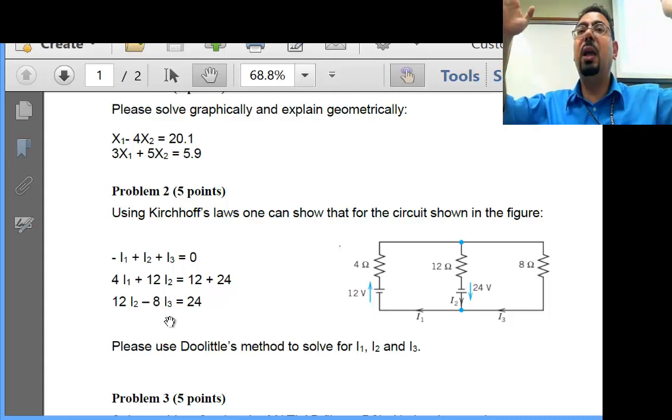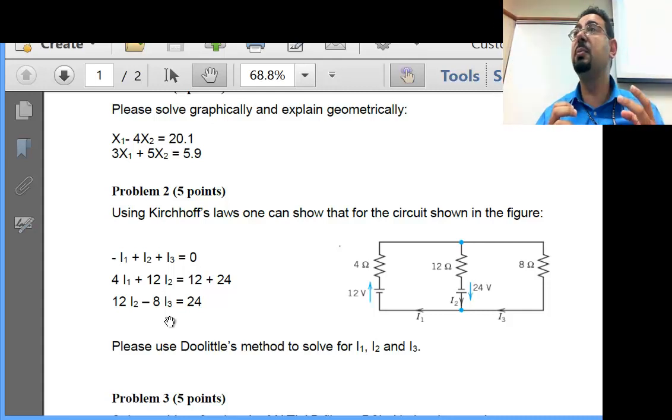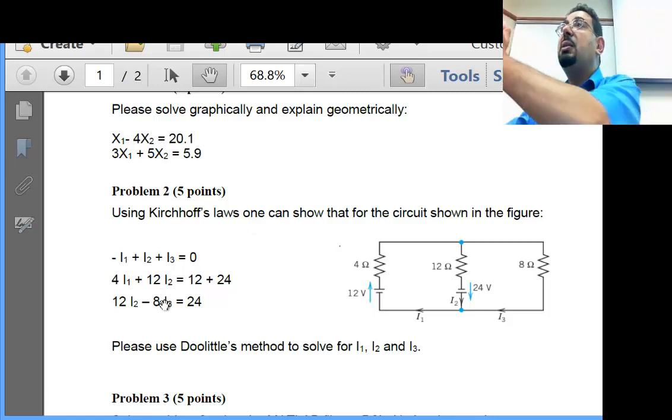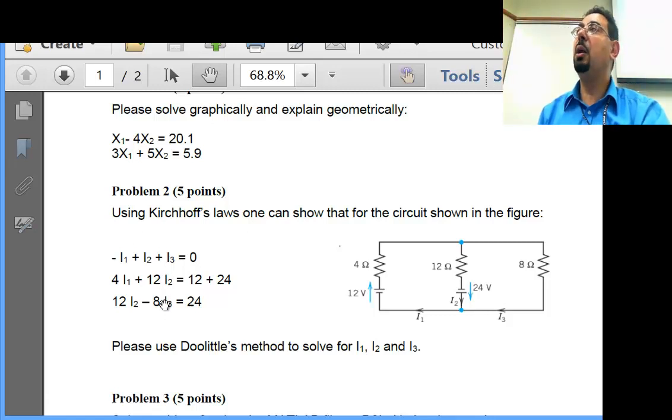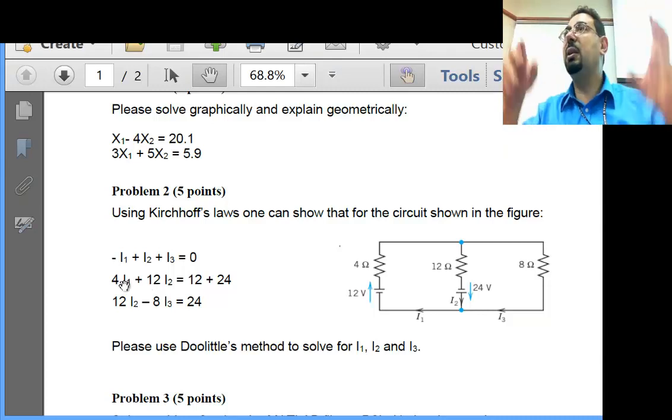Surprisingly, some students in the exam have a problem looking at this and turning it into A times X equals B. Why? Because not every equation has I1, I2, and I3. So some of those will end up being 0 in the matrix, right?